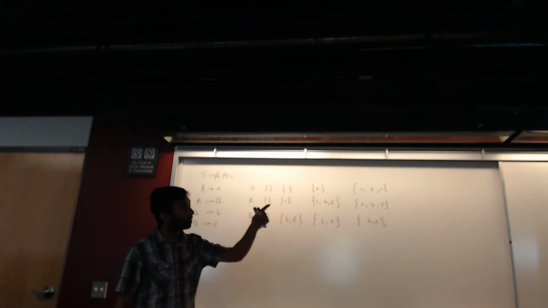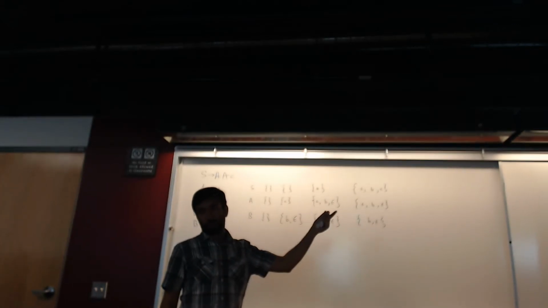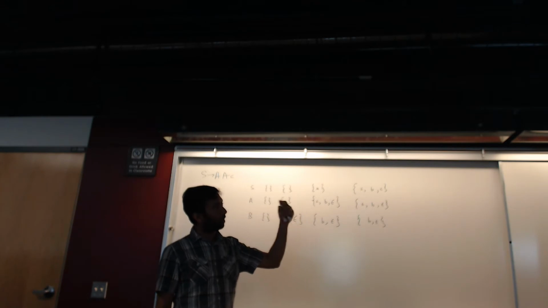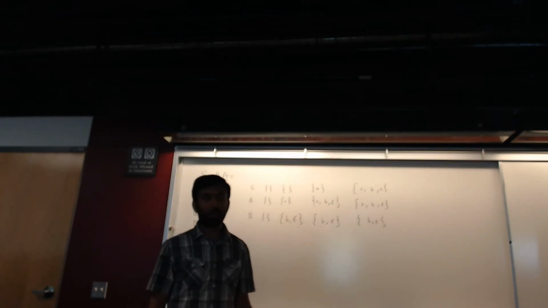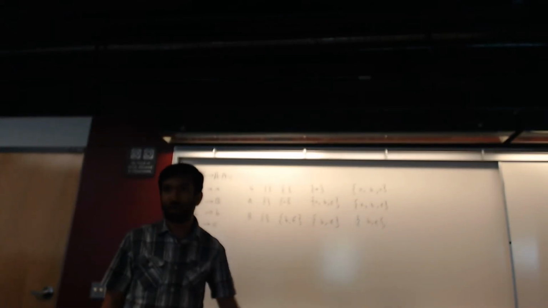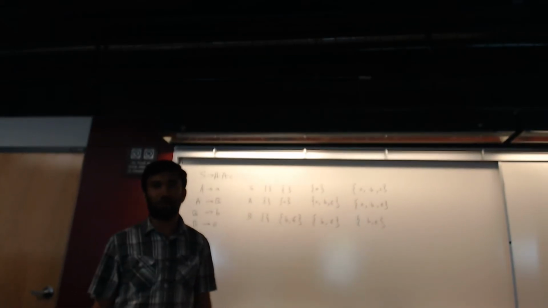So for S, the first rule does not apply, the second rule does not apply. Even if the third rule applies, you don't really add anything. So the only thing that you could potentially add is epsilon. Which rule adds epsilon? Rule number 5. So you just check for rule number 5.